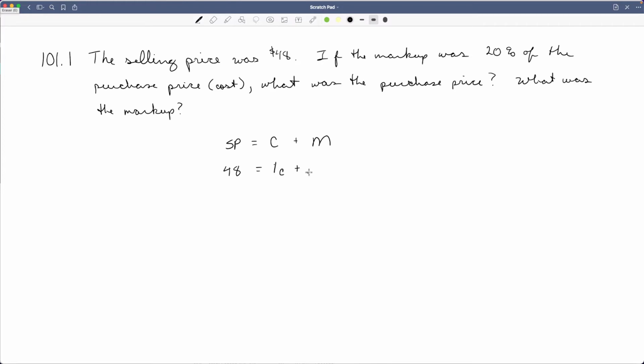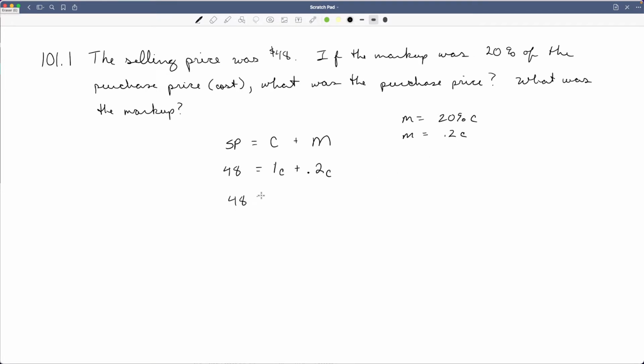So we could say 0.2 of the cost is the markup. So the markup equals 20% of the cost. We put this in decimal form. Markup is equal to 0.2 of the cost, because we know of means multiplication, so 0.2 the cost. So we have the cost plus 0.2 of the cost.